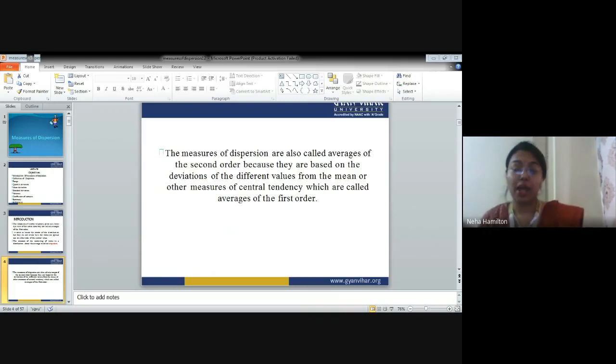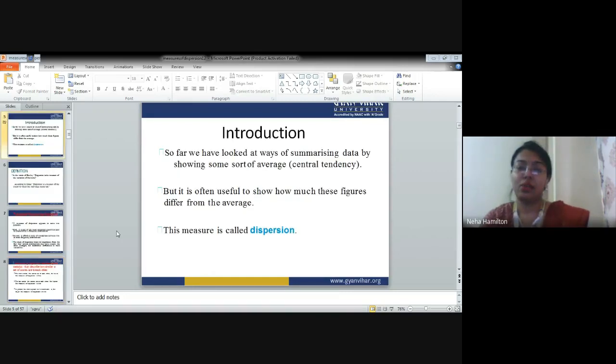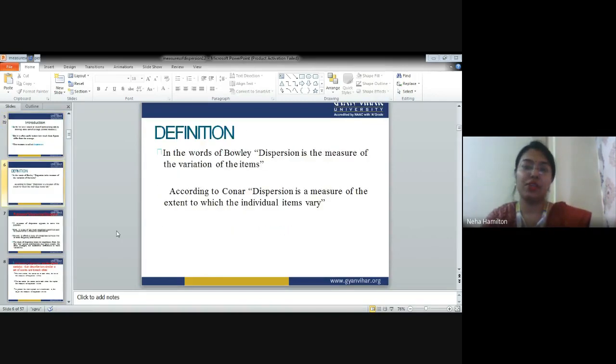When I talk about averages of second order, after finding out the first order, we are finding details on the second order. So we are finding out how the data is dispersed from the mean, mode, or median, right? So that is called measure of dispersion. That's why it is called averages of second order, right? This all we have understood.